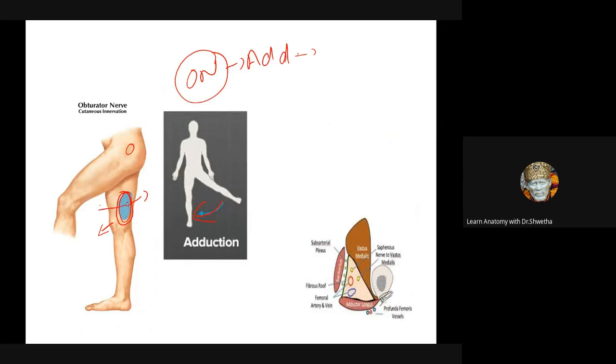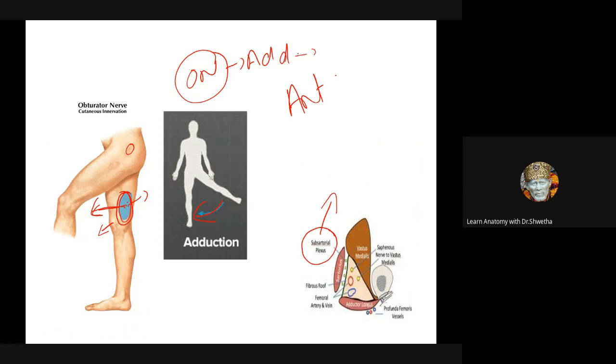How does it supply the lower medial aspect of the thigh? It forms something called the subsartorial plexus. I will explain to you in the later section. So, the anterior division of the obturator nerve forms the subsartorial plexus and supplies the lower medial aspect of the thigh.